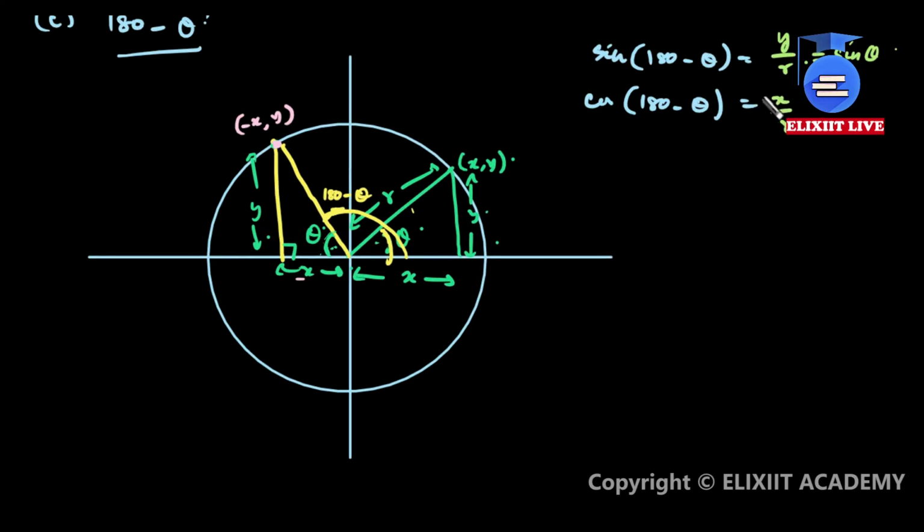But here x is negative, so we put a minus sign: minus x by r. Originally x by r was cos theta, so this is minus cos theta. Is this clear to all? So we have the formulas: sine 180 minus theta is sine theta, and cos 180 minus theta is minus cos theta. You can find tan 180 minus theta also: sine theta by minus cos theta, which is minus tan theta. 180 minus theta is clear.